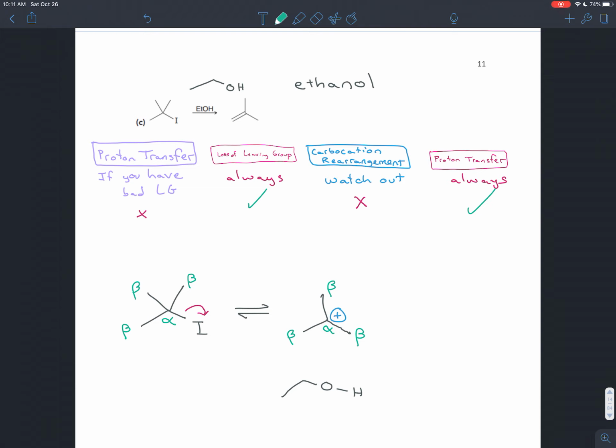Now, the base is going to steal a hydrogen off of one of those beta carbons. It's going to steal a beta hydrogen. And if we just want to be strictly consistent with the molecule given above, we can take the beta hydrogen off of the bottom left. Now, technically, this molecule is symmetric, so you could take it off of anywhere, but why not? We'll take it off of the bottom left, so it looks the same as what we already have written in the exercise.